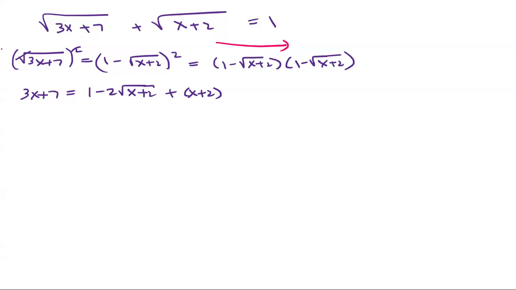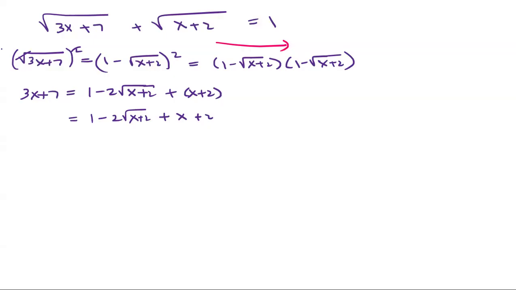All right, now what I'm going to do is I'm going to combine my like terms. So I have here 1 and the 2 there, right? So I can write this as 1 minus 2 square root of x plus 2 plus x plus 2.